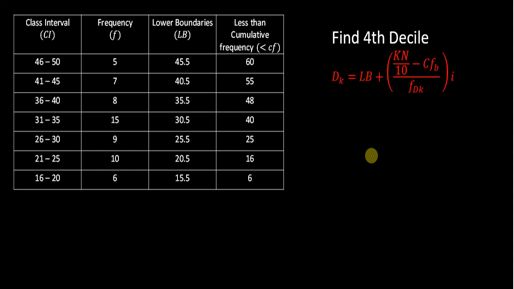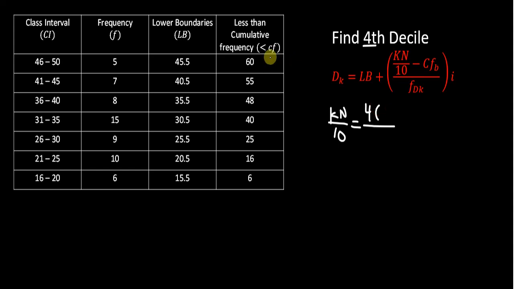Next, hanapin naman natin yung fourth decile. Same table pa rin tayo. So, gaya kanina, unahin natin tong kn over 10. Kanina over 4 yan, ngayon over 10 na kasi nga decile. So, k natin ngayon is 4 kasi nga fourth decile.